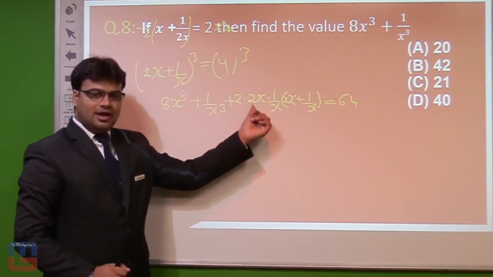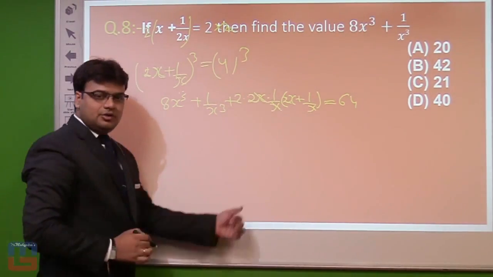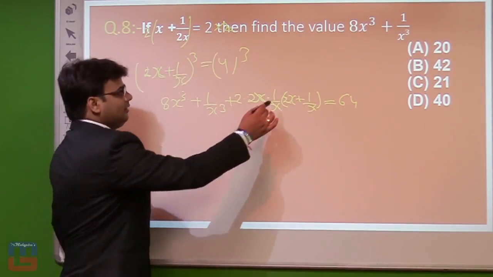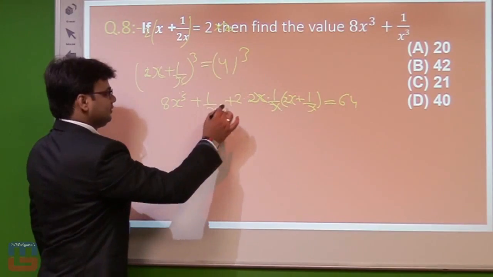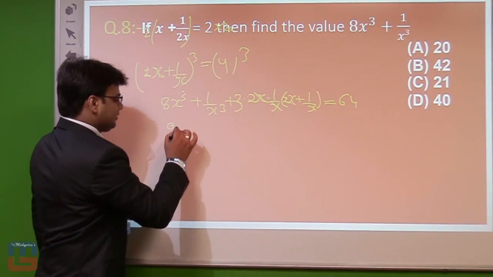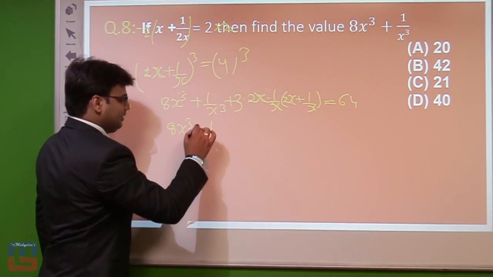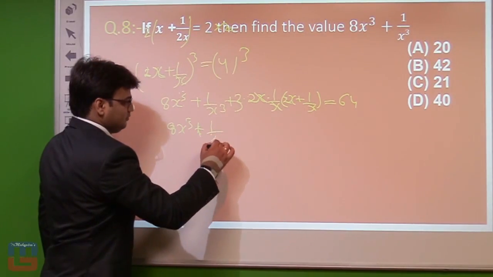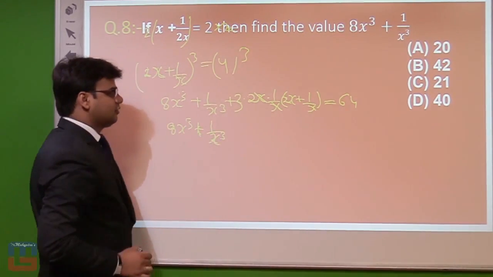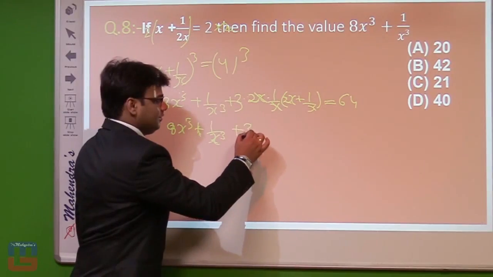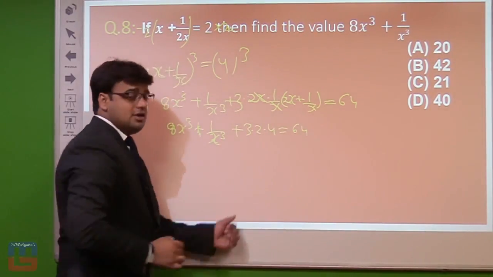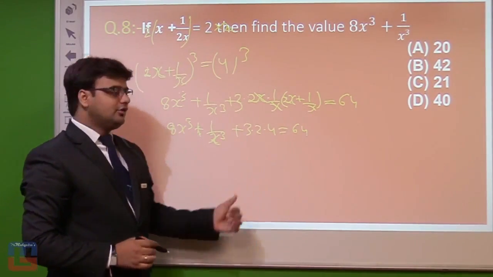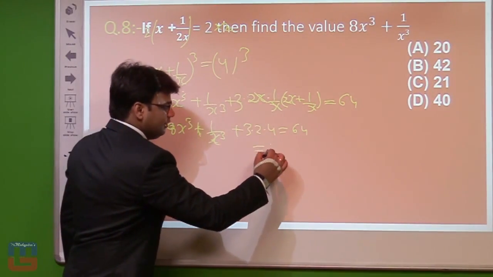Here x cancels out, and 2x plus 1 by x we know is 4. So 8x cube plus 1 by x cube plus 3 into 2 into 4 is equal to 64. That means 3 into 2 into 4 is 24, and subtracting 24 from 64 we get 40.